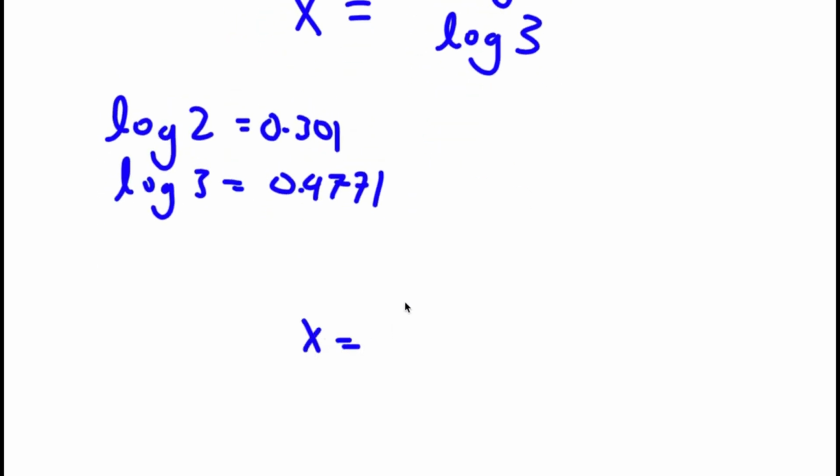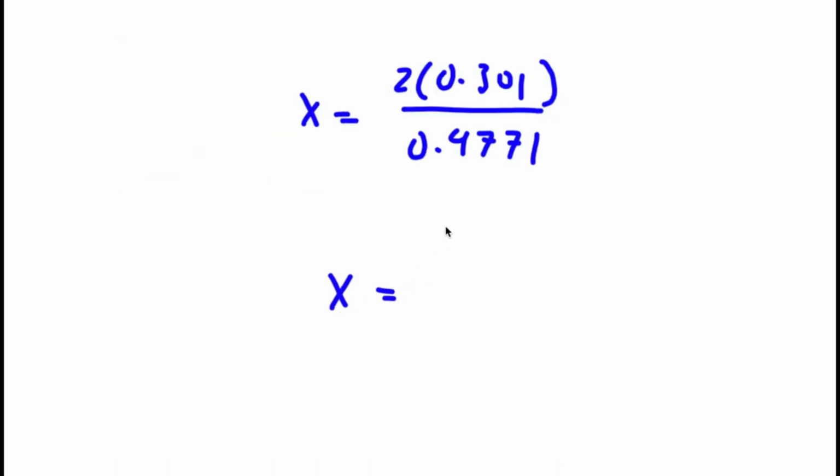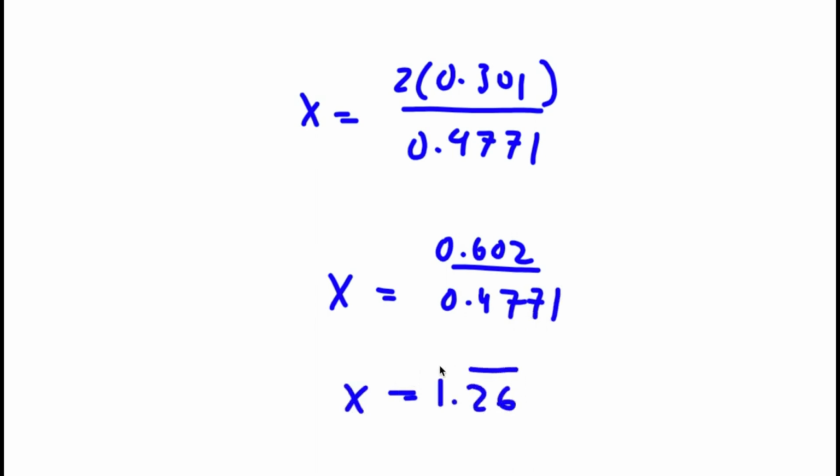So I have x is equal to 2 times 0.301 over 0.4771. Now 2 times 0.301, that's equal to 0.602 over 0.4771, which is equal to 1.26. So this is my answer.